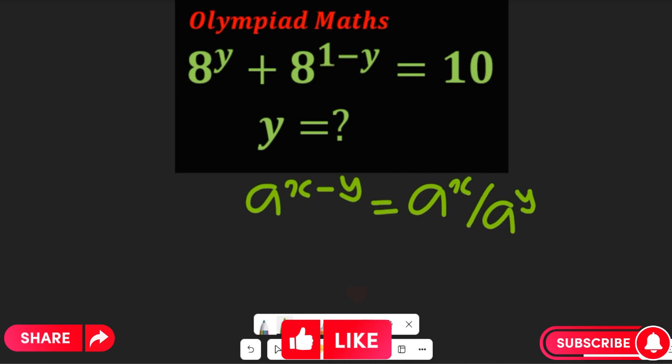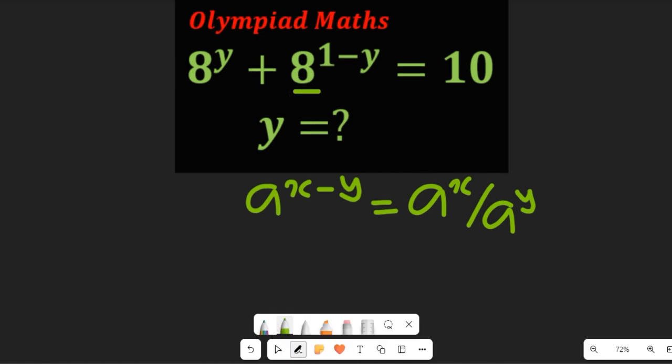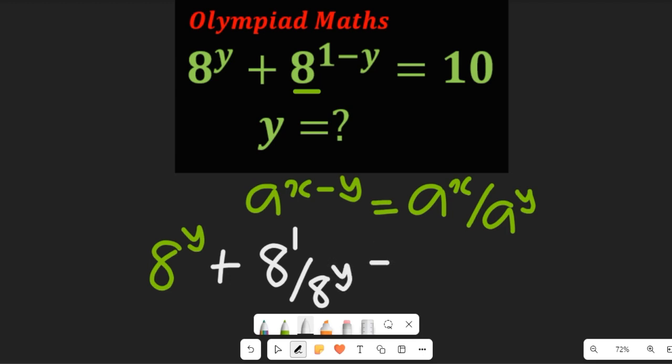Now if we apply it to this equation, we get a to the power of y plus a to the power of 1 divided by a to the power of y, and this will be equal to 10.